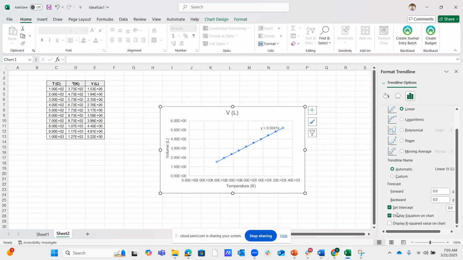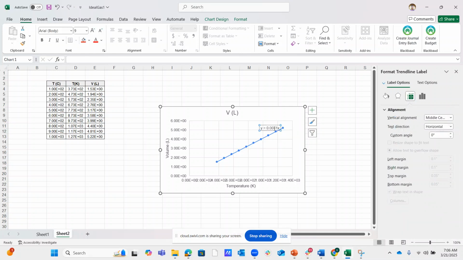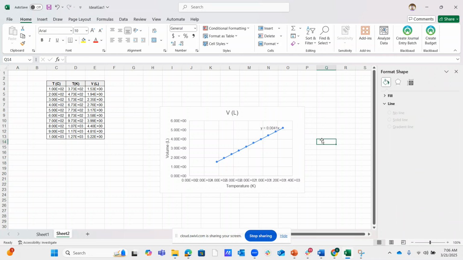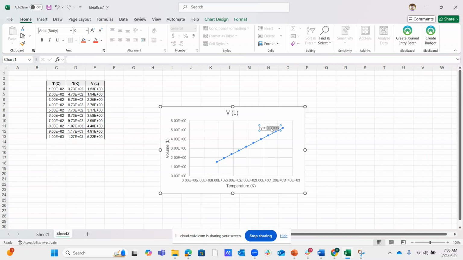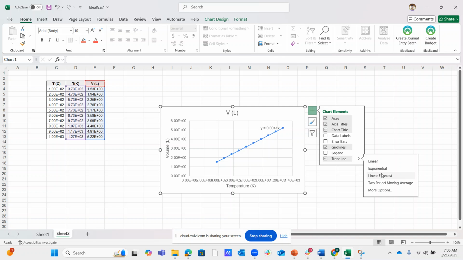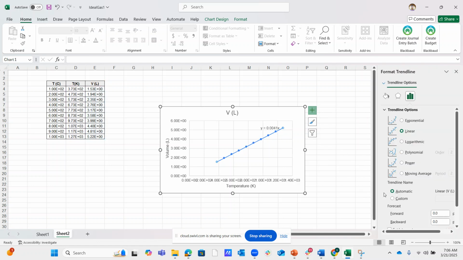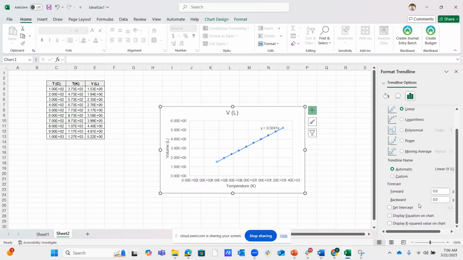Right? So that's what we're going to do. So let's look at this.